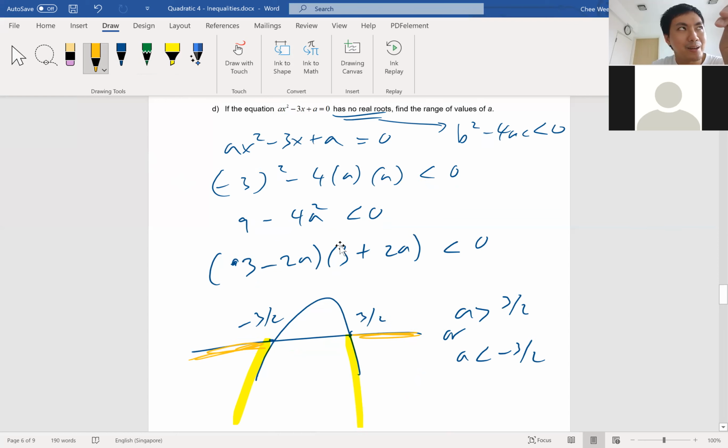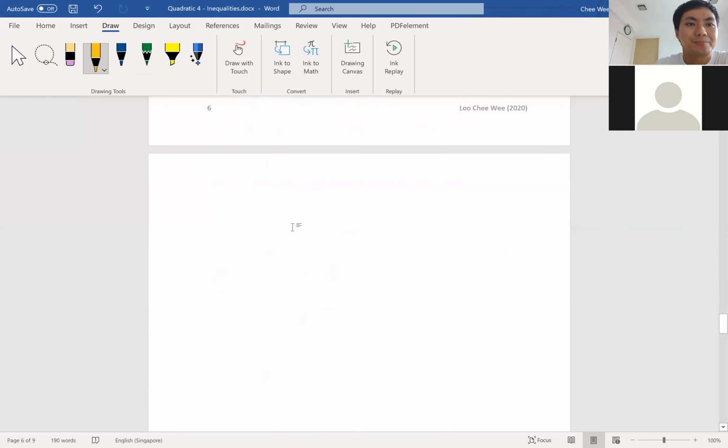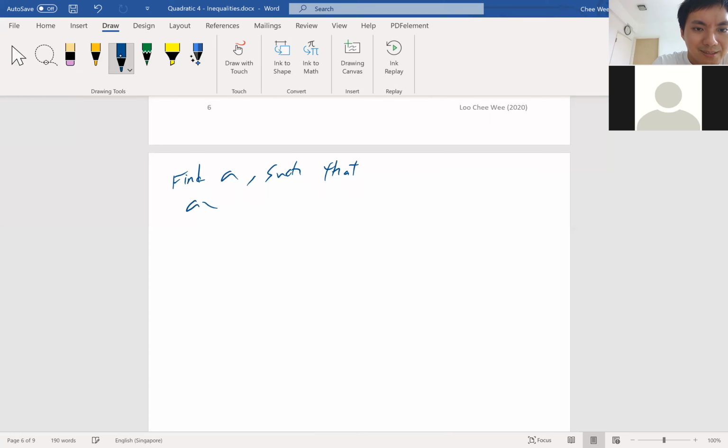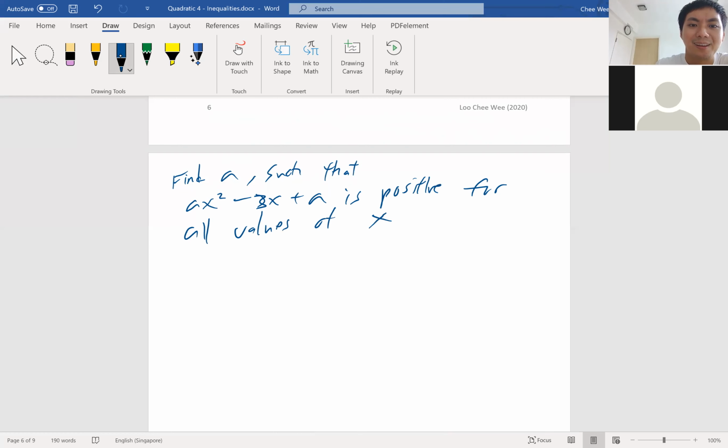But ax squared minus 3x plus a, right? So what if the question is, find a such that ax squared minus 3x plus a is positive for all values of x. This is what you're asking, right?